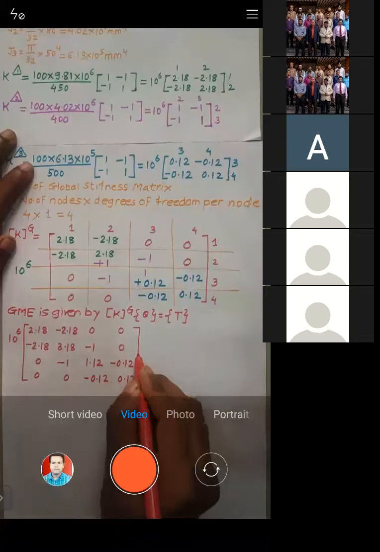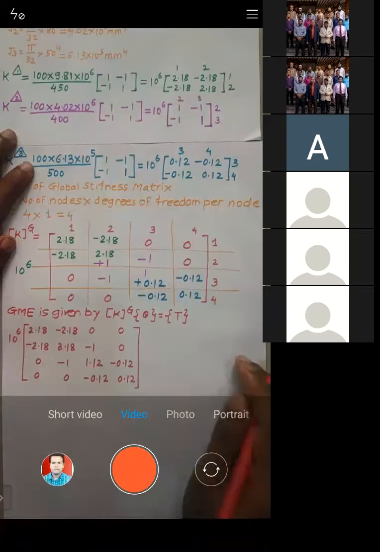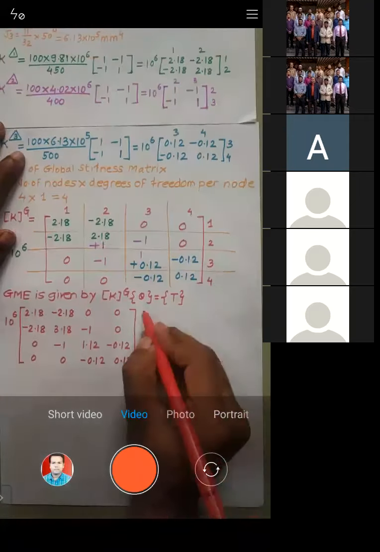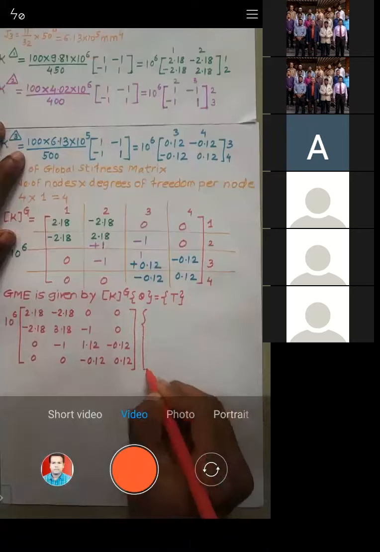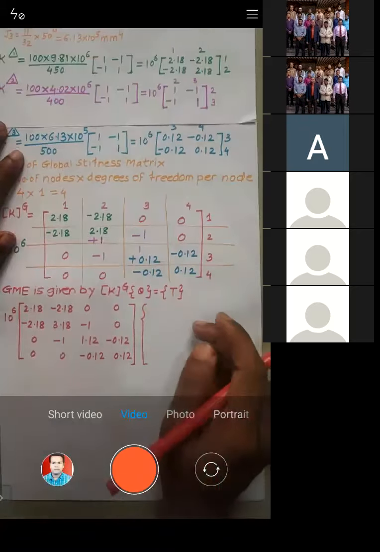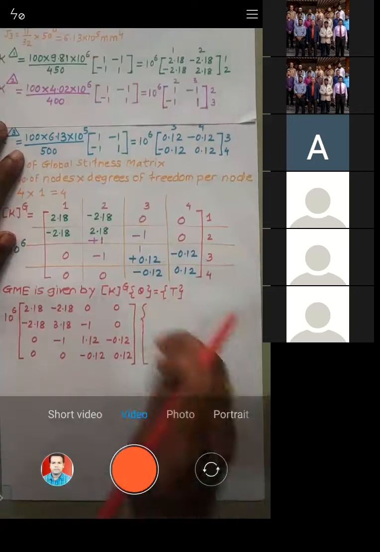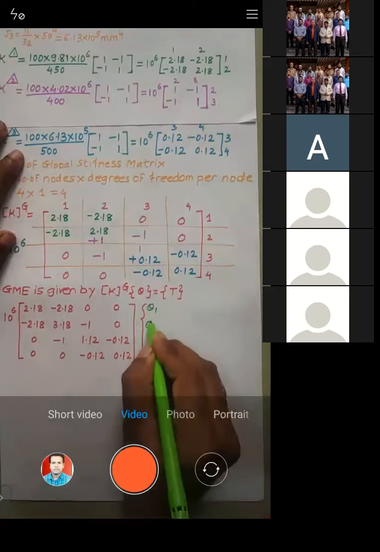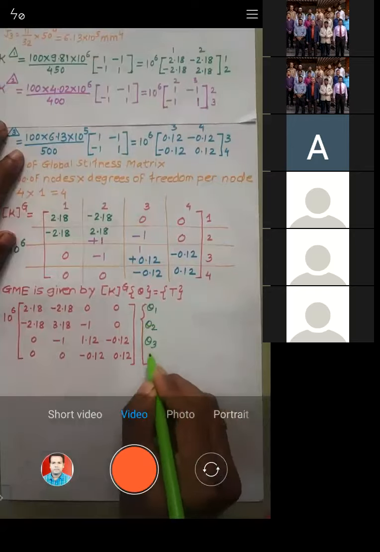So this is what our global stiffness matrix is. Now this is to be multiplied by displacements. Those displacements are theta 1, theta 2, theta 3, and theta 4.